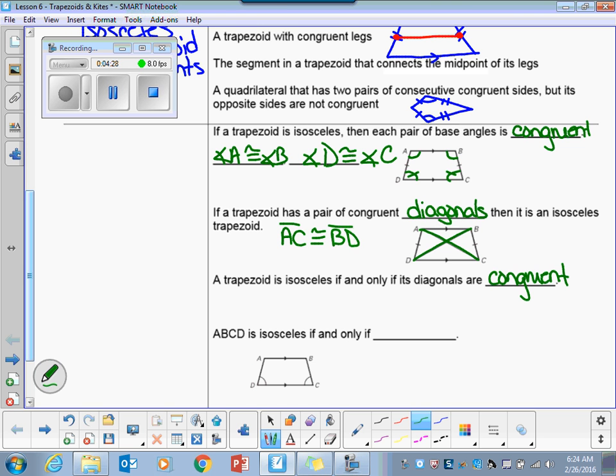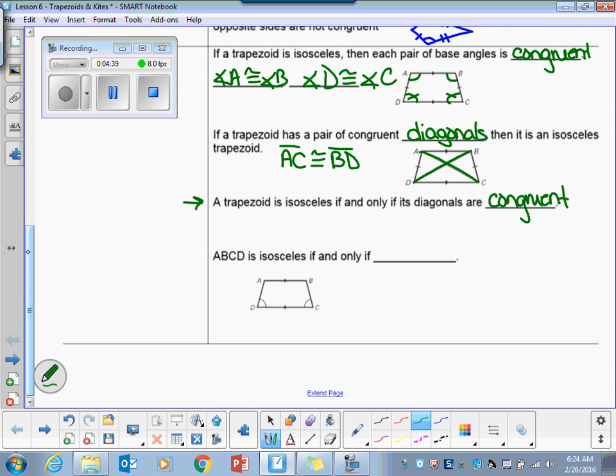All right, so we just had the theorem and its converse forming a biconditional right here. Don't forget all of those statements from Unit 2. And ABCD is isosceles if and only if base angles are congruent. Another biconditional statement.